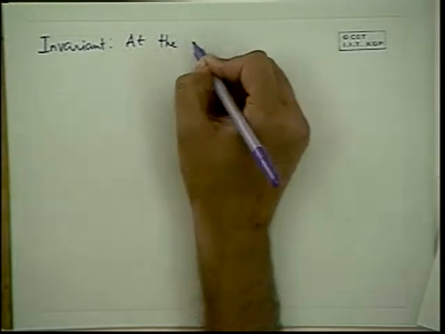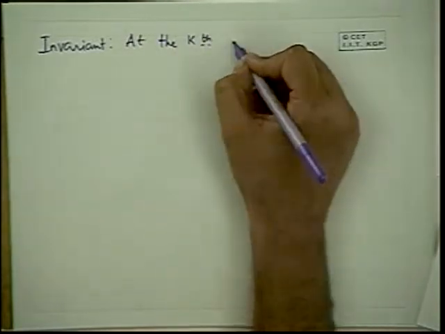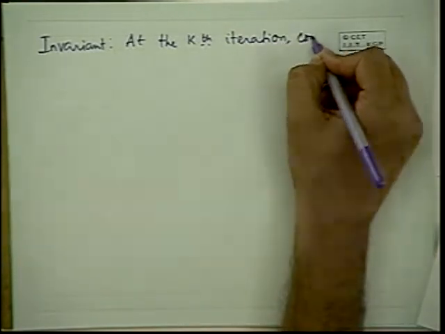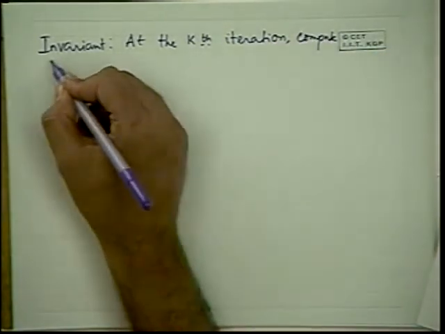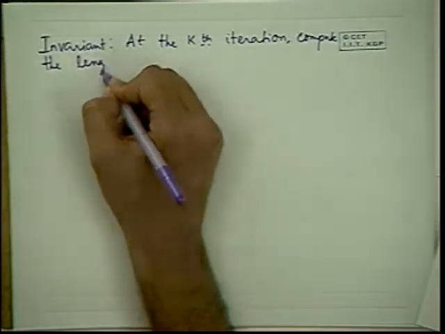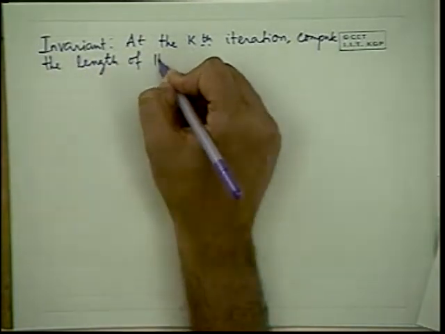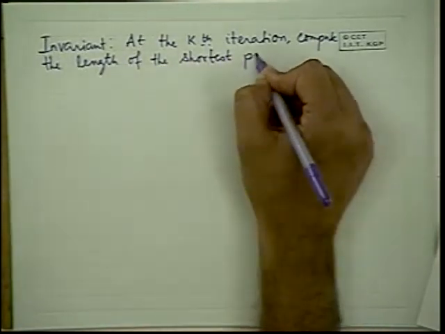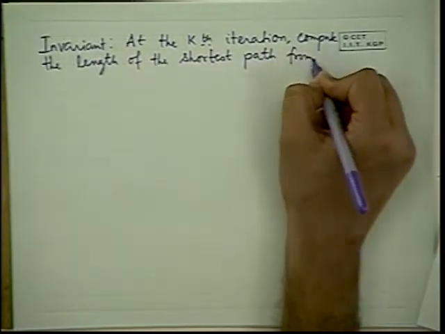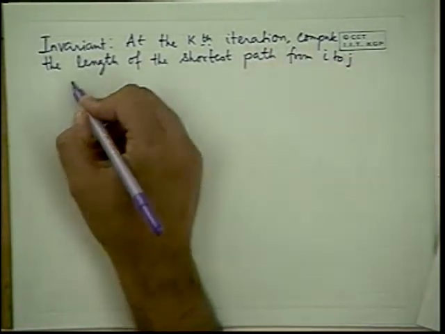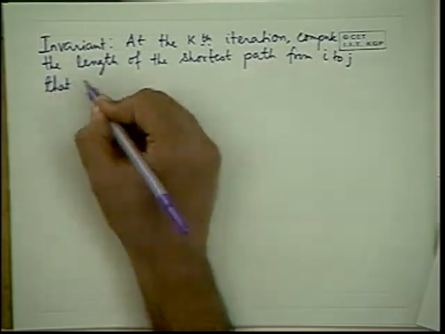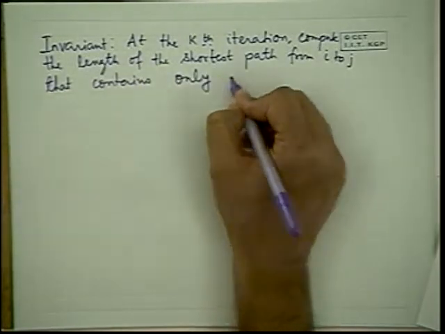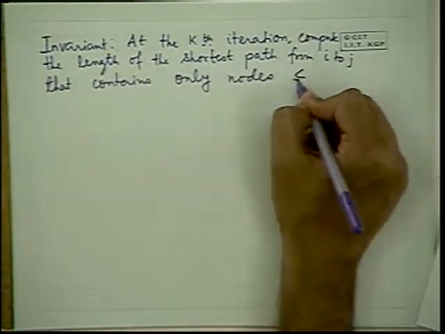At the kth iteration, compute the length of the shortest path from I to j that contains only nodes less than equal to k.